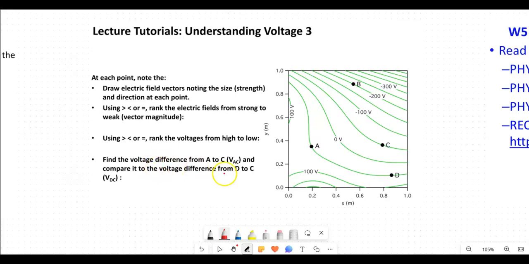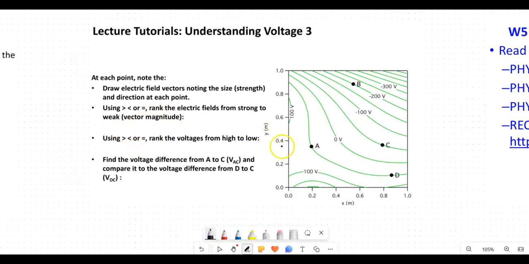And finally, the last question is, look at the voltage difference between A and C and the voltage difference between D and C. Which voltage difference is larger? Okay. Let's actually start with the voltage part.